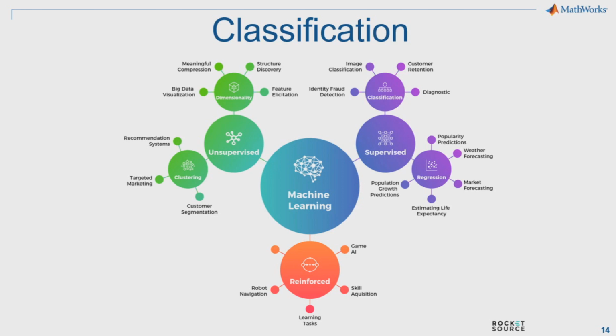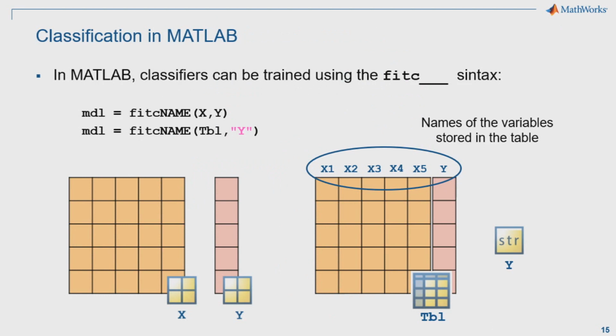So let's start with classification. If you remember our big picture, now we are here. And in MATLAB, you can do classification using the function fitc, completed with the name of your classifier. So the syntax typically is fitcknn if you want to fit a k-nearest neighbor classifier, fitcsvm, fitctree if you want to train a decision tree, and there are many others.